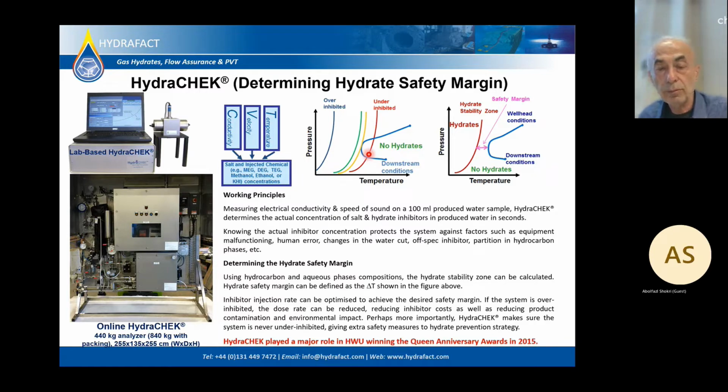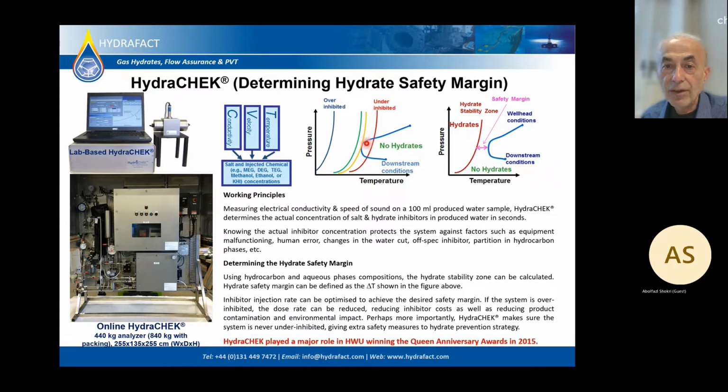So most of the companies inject too much. For example, if the amount of inhibitor we are injecting pushes our hydrate stability zone to this point, we are wasting inhibitor. We are injecting too much inhibitor. It is expensive and also it can damage the environment.